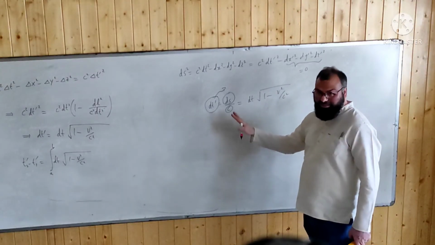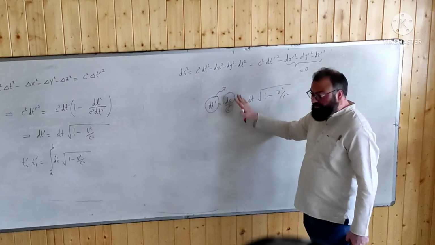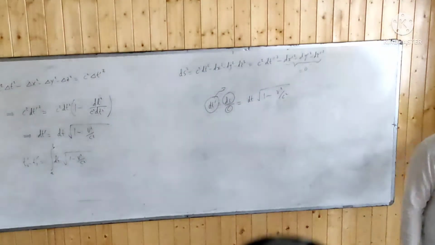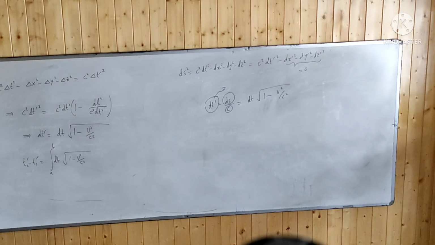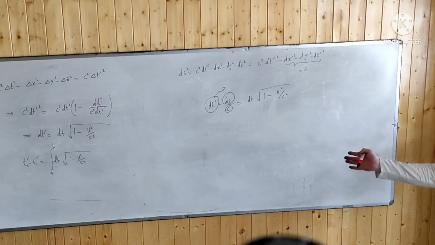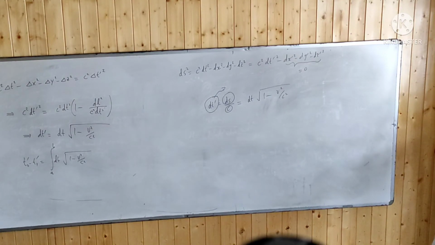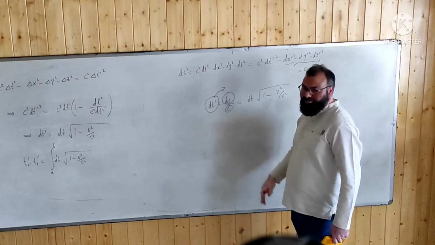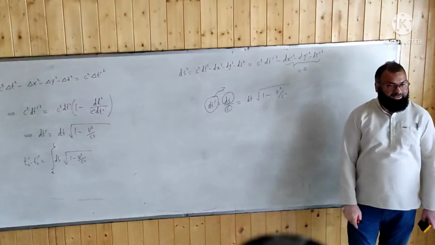We always write this proper time in terms of the length of the interval. Or in other words, the length of the interval always gives you the proper time. Obviously you have to divide by the velocity c, but this interval is actually the proper time.